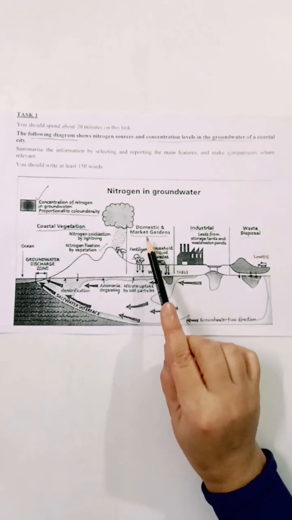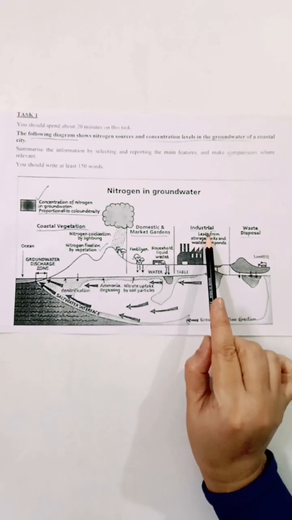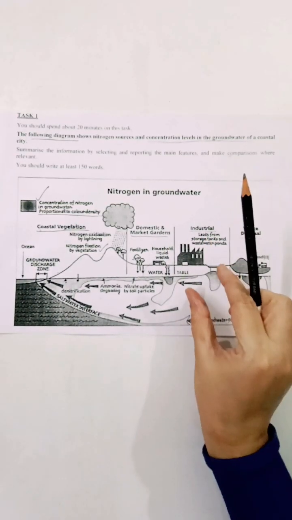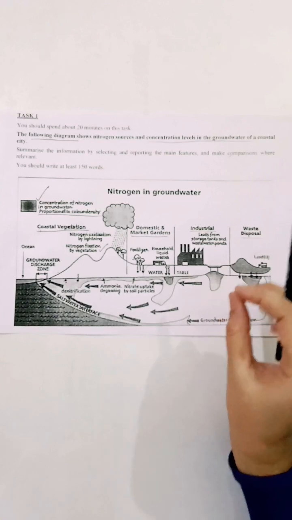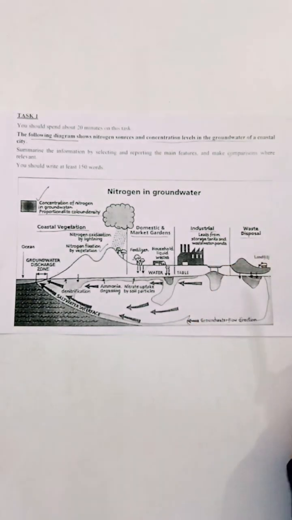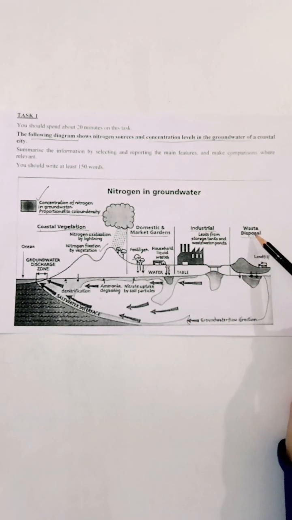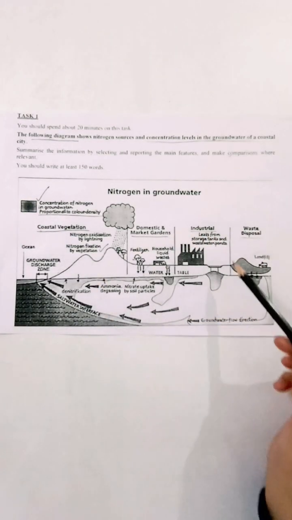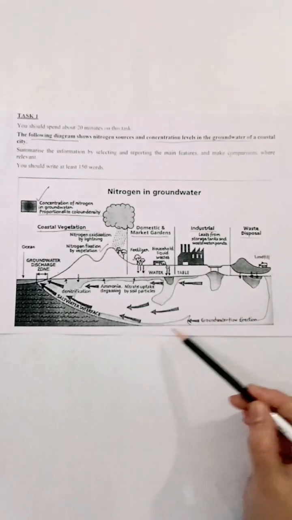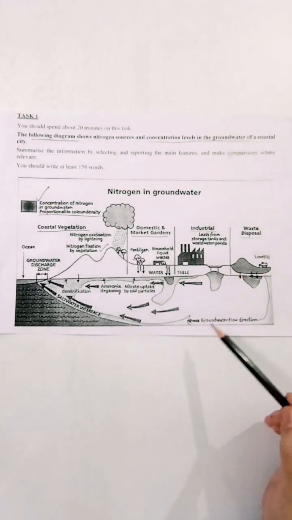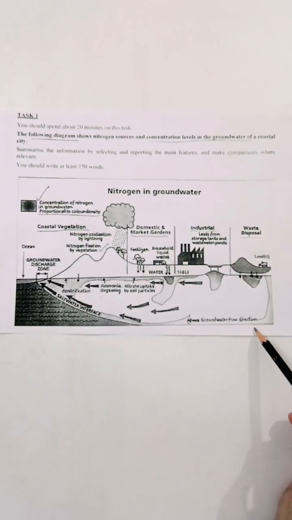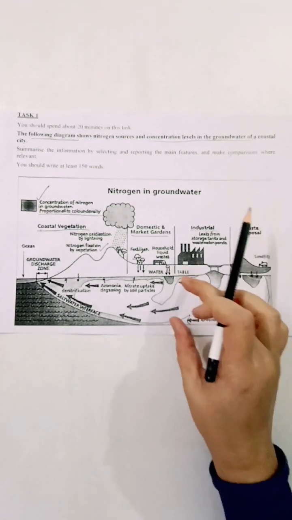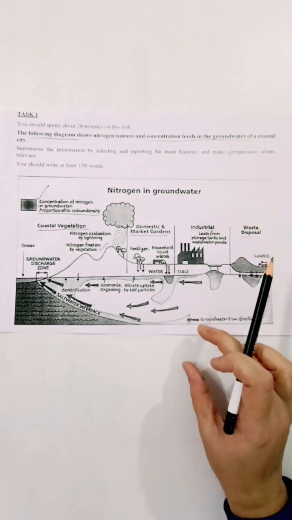Third, domestic and market gardens. The next thing is something industrial. And this section is waste disposal, and arrowheads are there, so it shows there is a cycle going clockwise. And this section is groundwater flow direction, which means something is happening below the earth's surface.